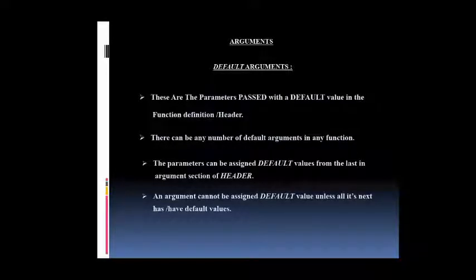The use or importance of such an argument is that when the user or programmer makes a call to the function and skips the value for an actual argument, even in that condition the function is executed by the interpreter, because the skipped value is accessed from the function header where the default value exists.